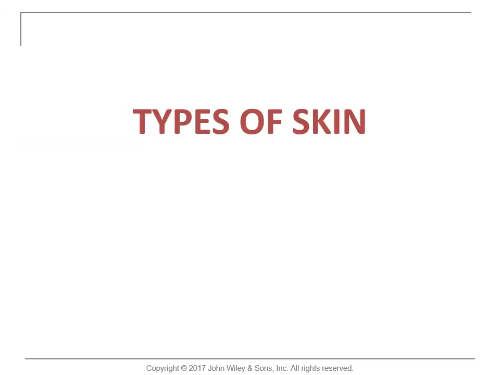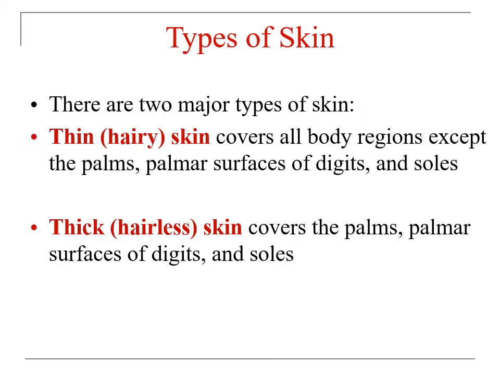Types of skin. We have two major types of skin that are recognized on the basis of certain structural and functional properties. So we have the thin, hairy skin, and we have the thick, hairless skin.